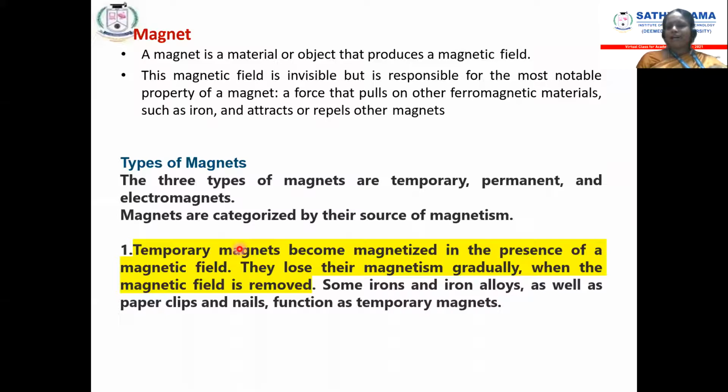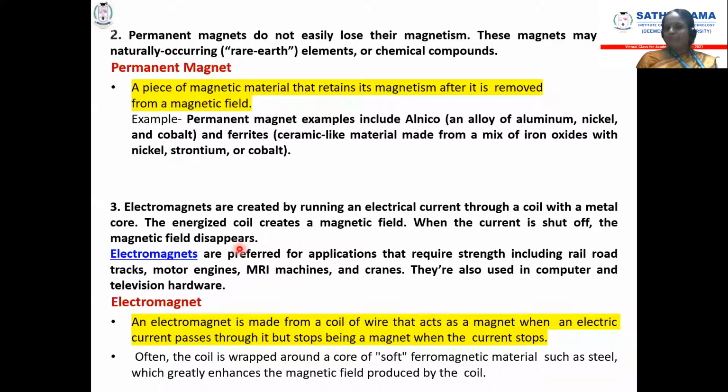So a temporary magnet gains magnetism whenever a magnet is available near it, and when it is removed, it will lose it. From the name itself we can understand it is a temporary magnet. Okay. Then the permanent magnet. We all know the permanent magnet is available in the earth.